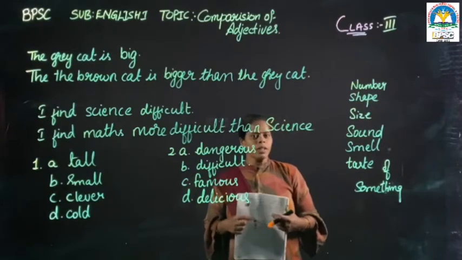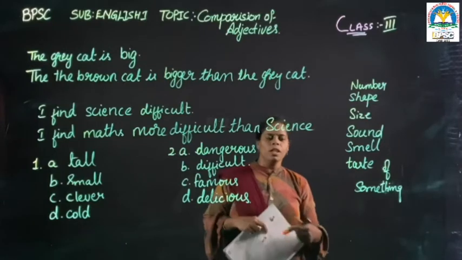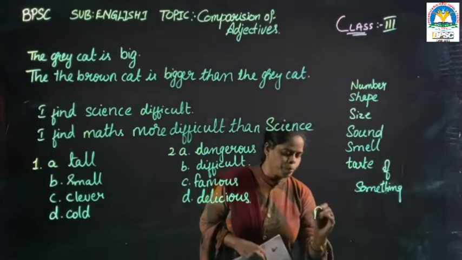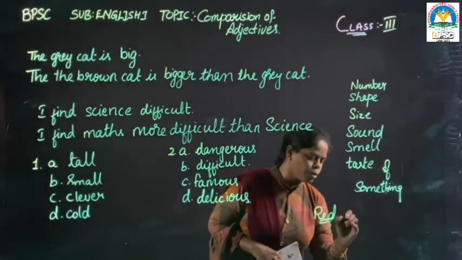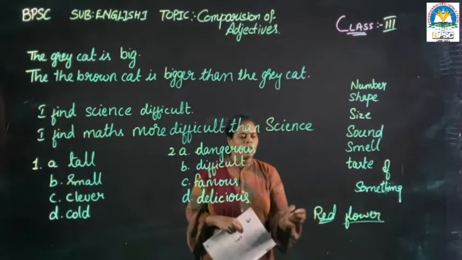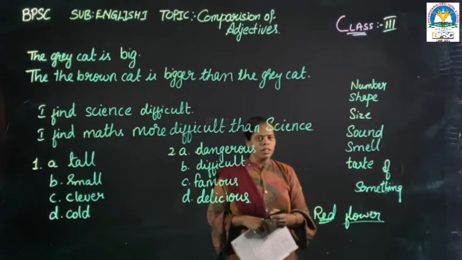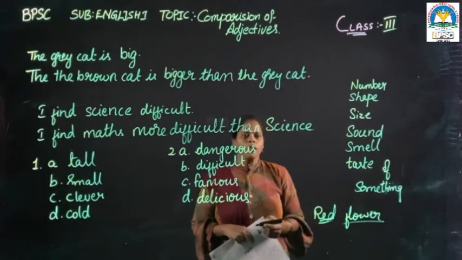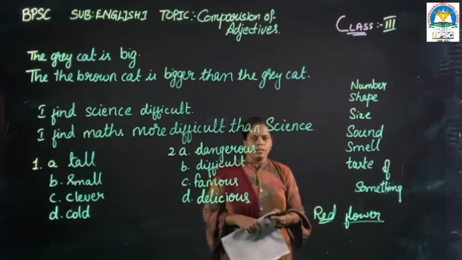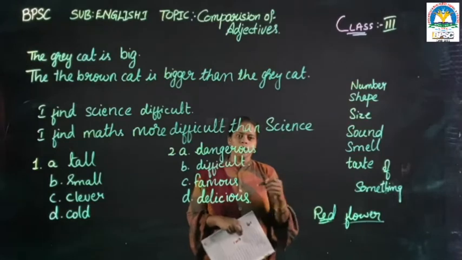How is the flower? Red color. Red flower. Here, red describes the flower. So red is an adjective. Now you understood? Yes. Sour lemon. How is the lemon? Very sour. Sour describes the lemon.